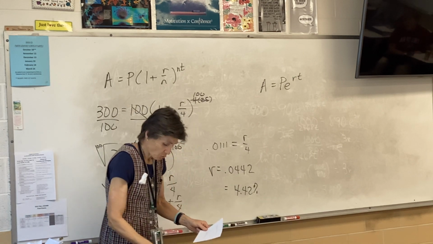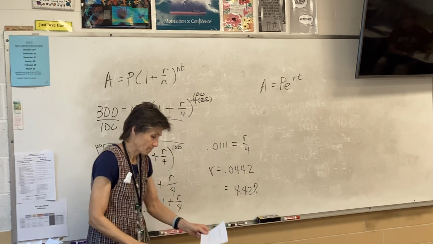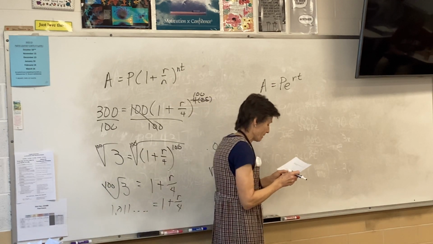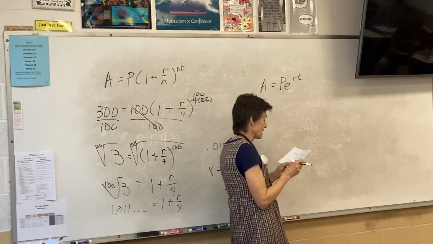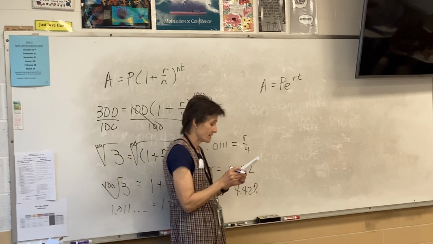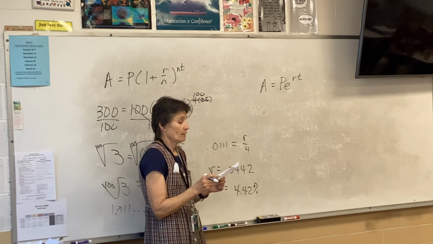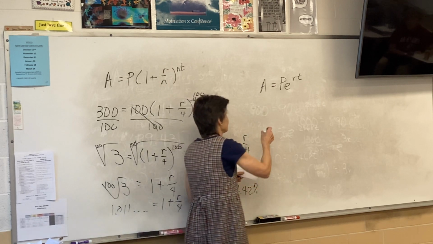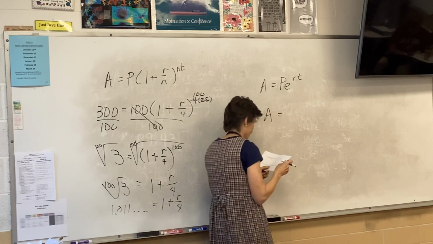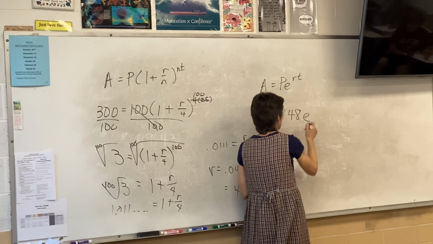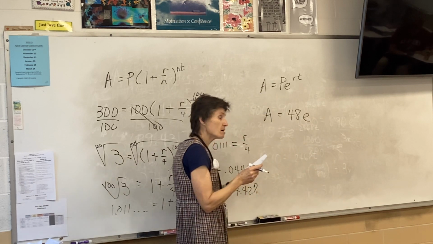All right, last one. Which formula? How many grams of a 48-gram sample will be left after 19 years if its decay constant is -0.1234? All right. Do I have an A? No. Do I have a P? 48. Do I have an R?